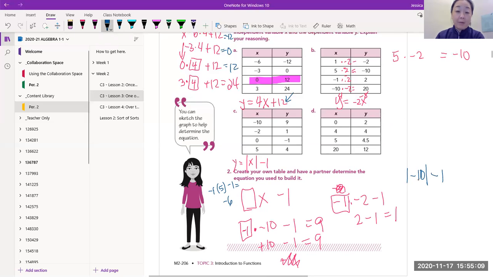If you don't know what the absolute value means, that's just how far -10 is from 0. It's 10 away, it's just on the negative side. We're just talking about distance. So it's 10 minus 1, which means that it's 9.